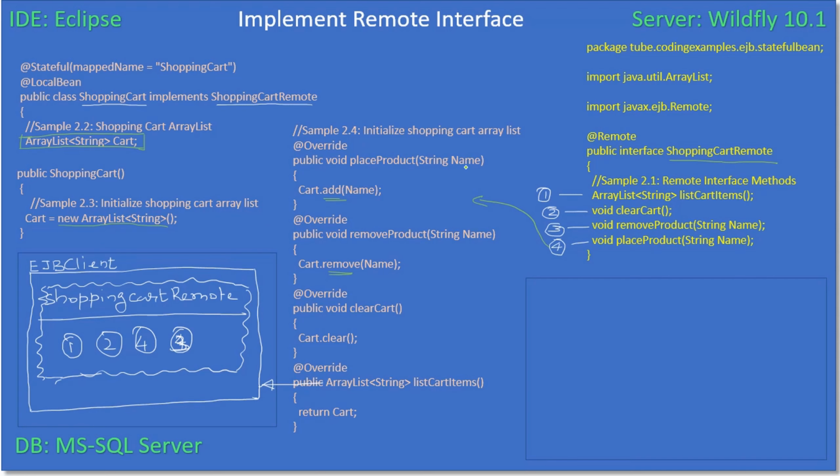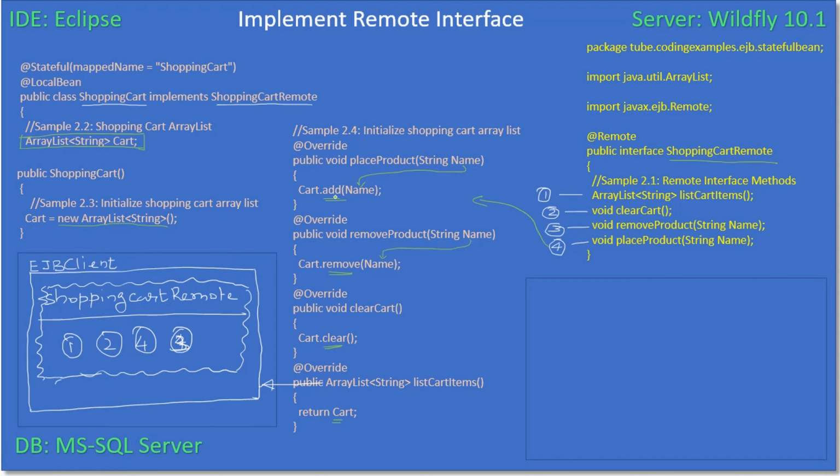The parameter name is coming here, and the name is given to the add method. Similarly, for remove also we just send the object name here, which is a string. Then for clearCart we are simply calling the clear method on the ArrayList. Then for listCartItem we don't do anything, but we simply return this cart to the caller. So that's all. The implementation is simple.